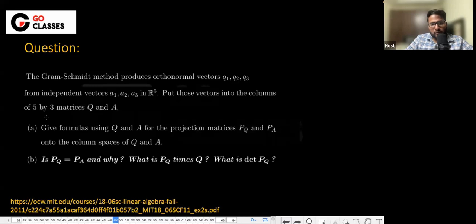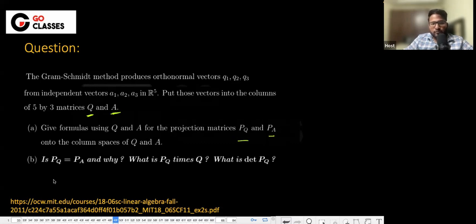Okay, put these vectors into the columns of matrices. So basically, this Q is an orthonormal basis, and A is some random basis. It is also a basis, but it is not orthonormal. Now they are saying, give us the formula for PQ and PA, the projection matrices onto the column space. So can you tell me what the formulas for PQ and PA are?